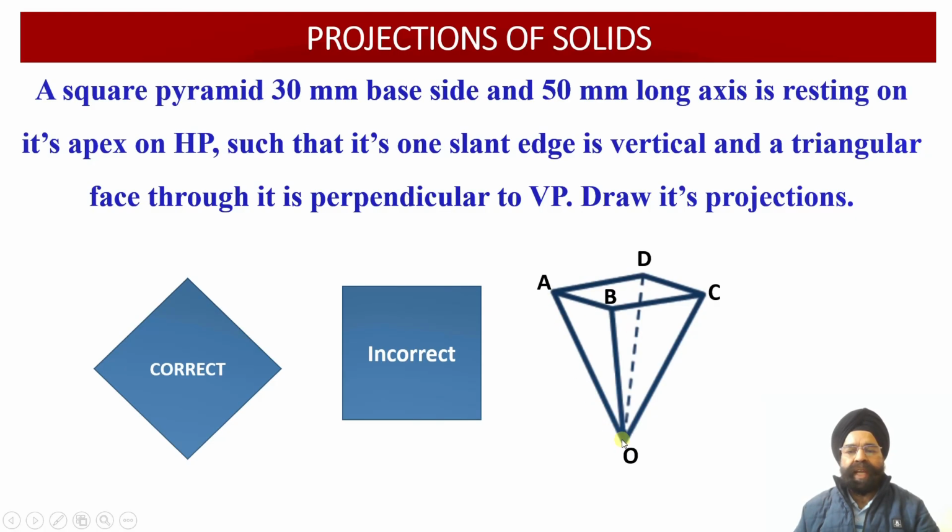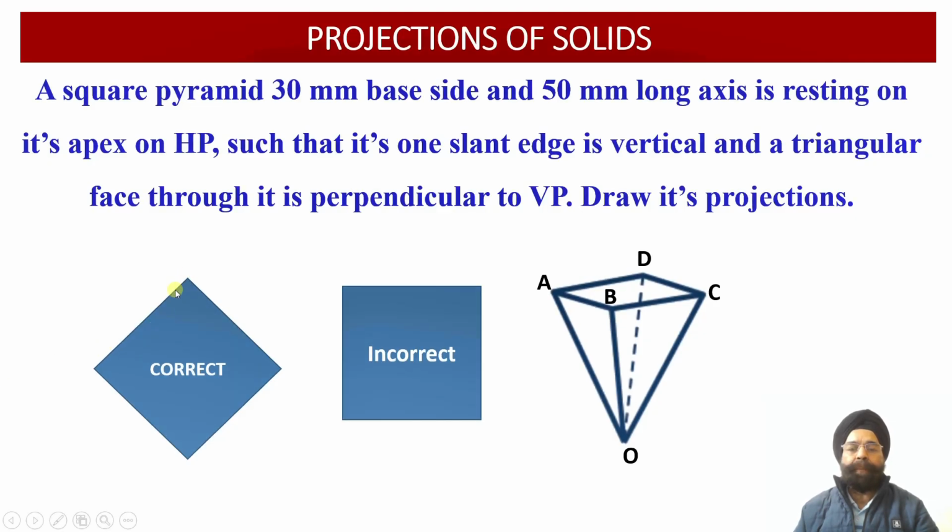These two slant edges OA and OB will be overlapping, and these two slant edges OC and OD will be overlapping over here, because this will be A, B, C and D. And what will happen if we make one slant edge perpendicular to the horizontal plane, or vertical? Rather than one slant edge, two of the slant edges will become vertical or perpendicular to the horizontal plane. So this orientation of the square pyramid is incorrect.